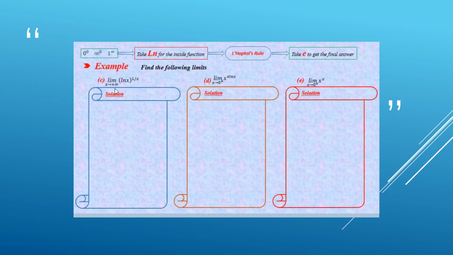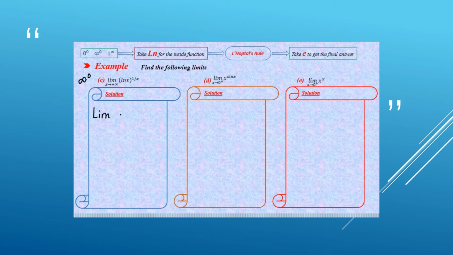In part C, we have limit (ln x) to the power 1 over x when x goes to positive infinity. Direct substitution, ln of infinity equals infinity, and 1 over infinity equals 0. So we have one of these indeterminate forms. Take ln for the inside function.